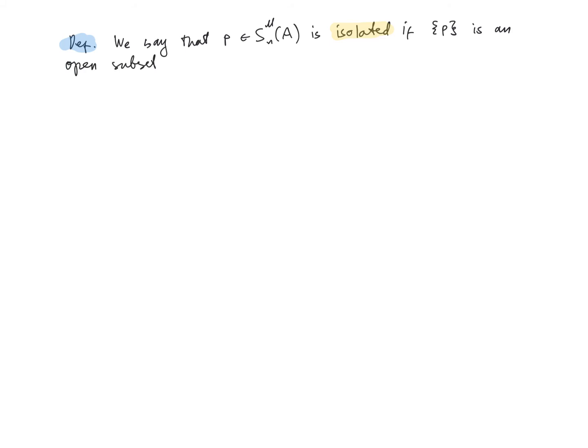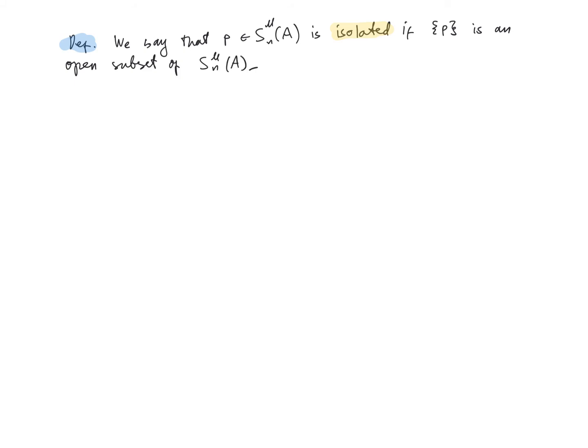In the future, we will be interested in a special kind of types which represent the isolated points in the space of types. Definition: we say that a complete type p over A in M is isolated if the set consisting of a single element p is an open subset of the topological space of types.